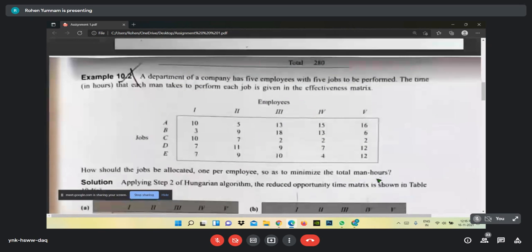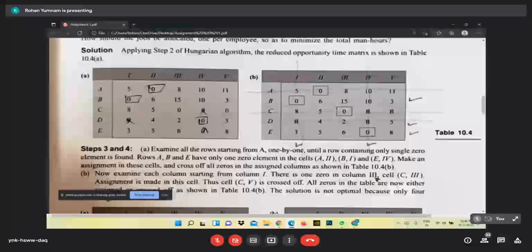See, one example is here. Suppose these are the problem having zeros, and then while making assignment, what we did is that, see here, 1 zero, and that is why assignment will be made, and no zero here, no cancellation of zero.